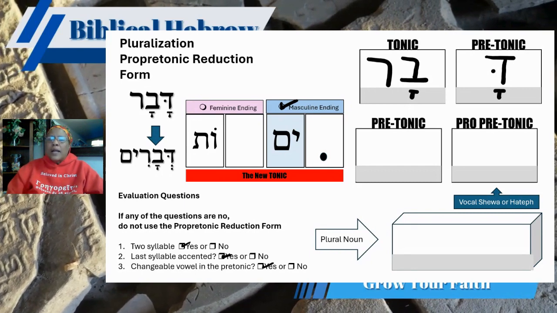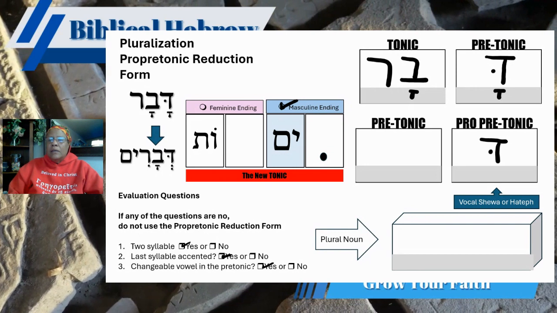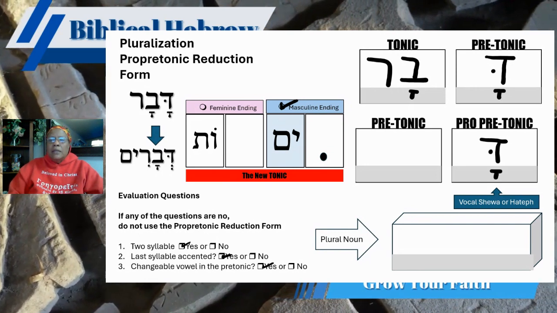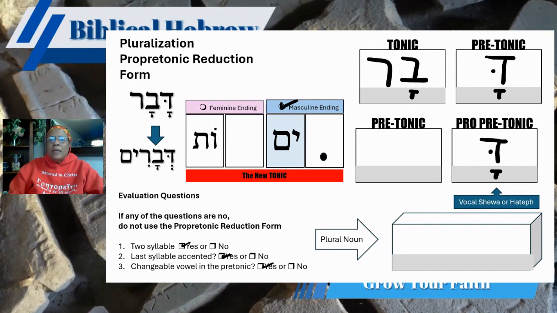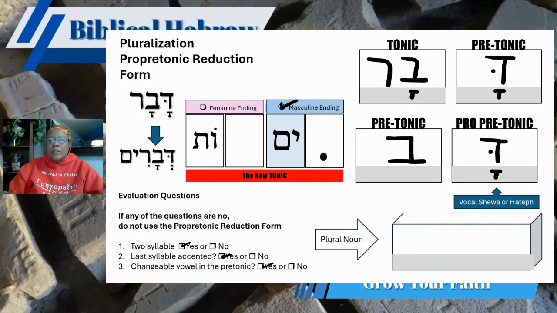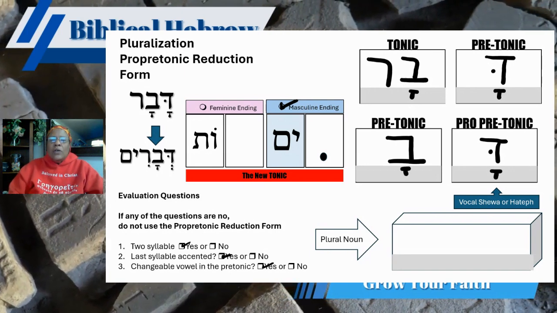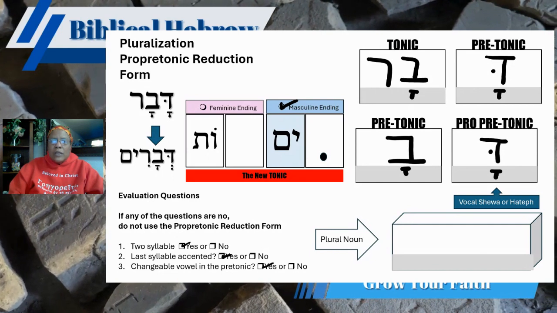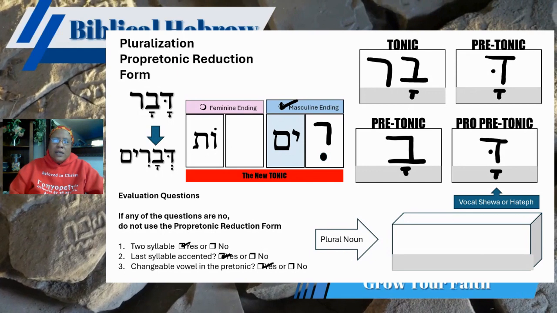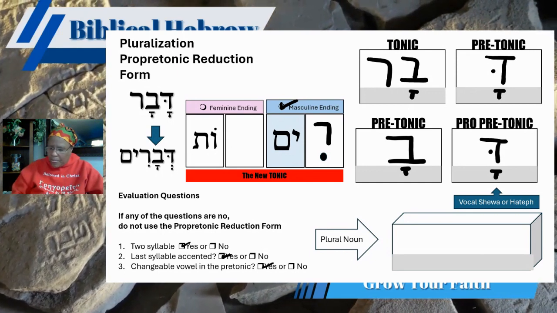The new propretonic will be the dalet, okay, with its dagesh, and the pretonic will now be the vet with its kamatz, and the resh here will be inserted in the masculine singular ending.